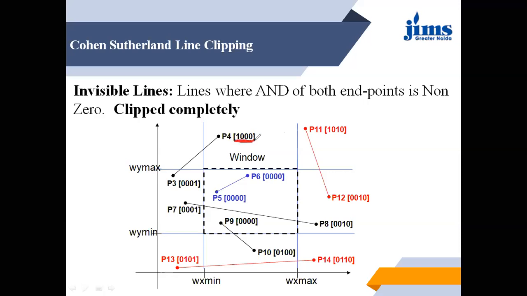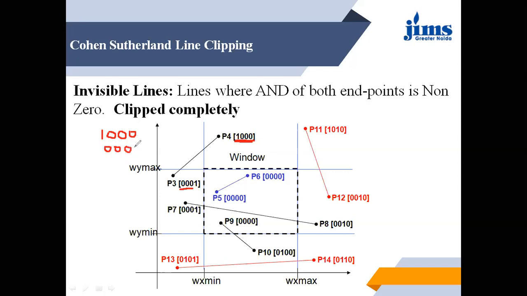Over here, we can see from this example a line P3 and P4, whose region code for P4 is 1000, and the region code is 0000 for the other end of the same line.